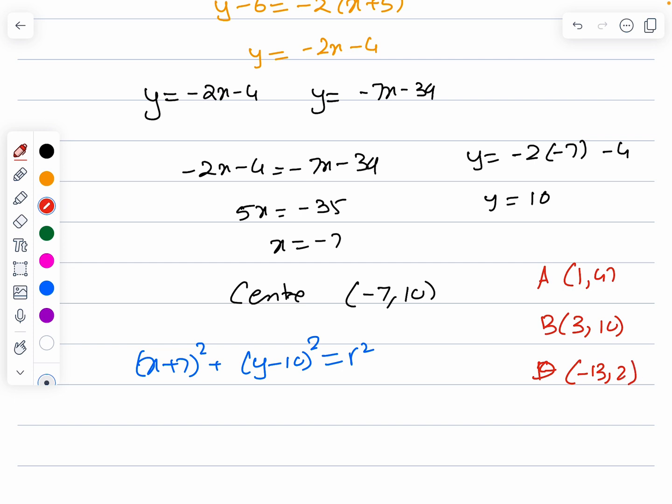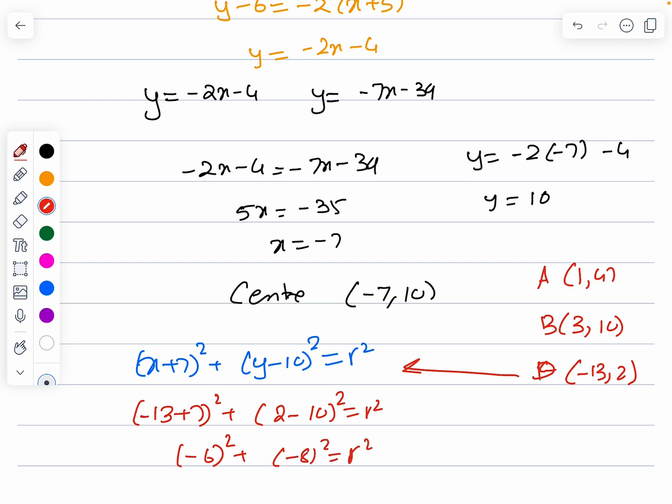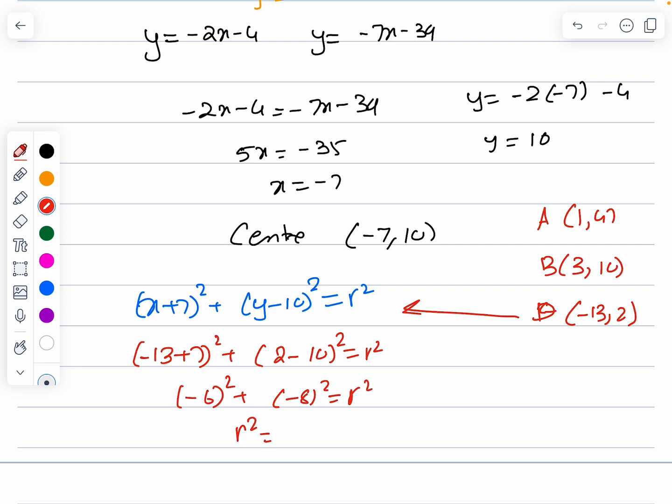You can use any of the points. I am going to use D. So (-13 plus 7) whole square plus (2 minus 10) whole square equals r square. So negative 6 whole square plus negative 8 whole square equals r square. So r square equals 100.